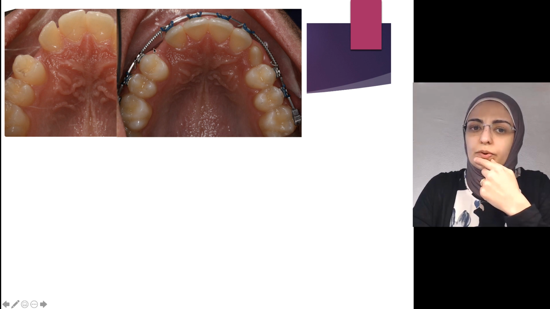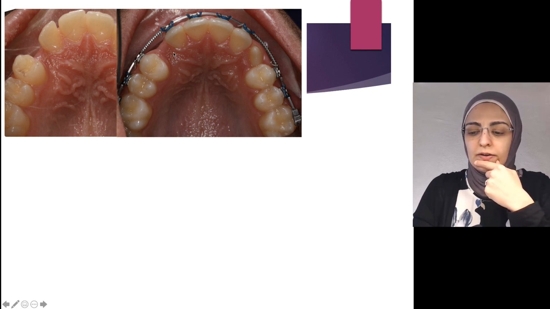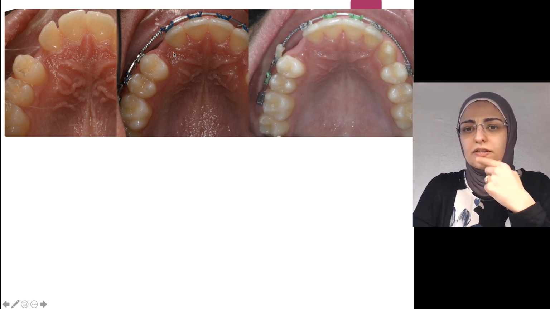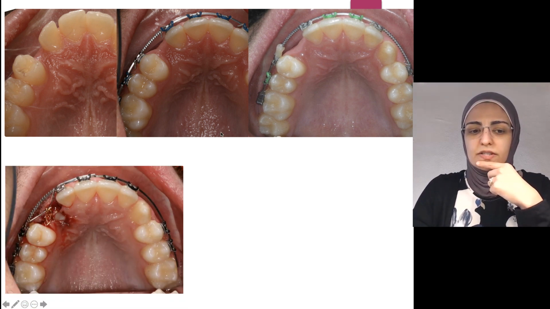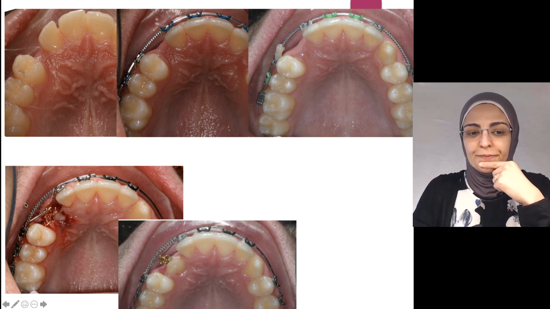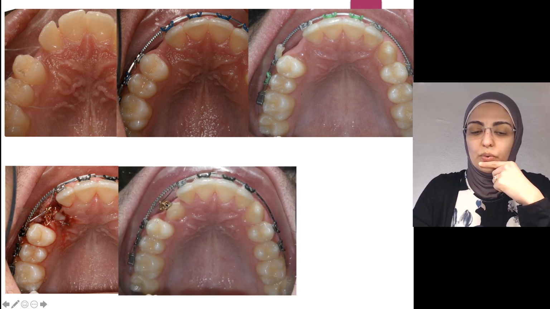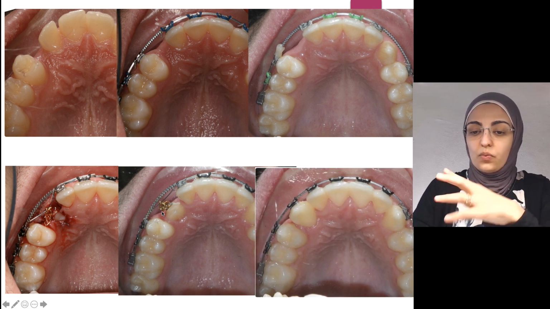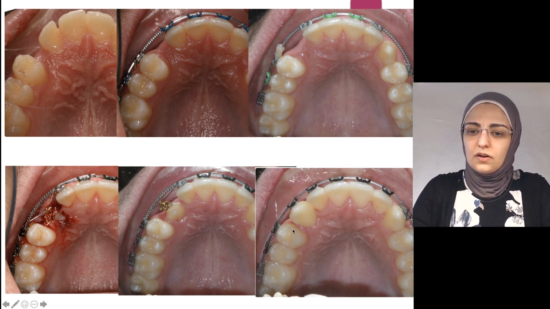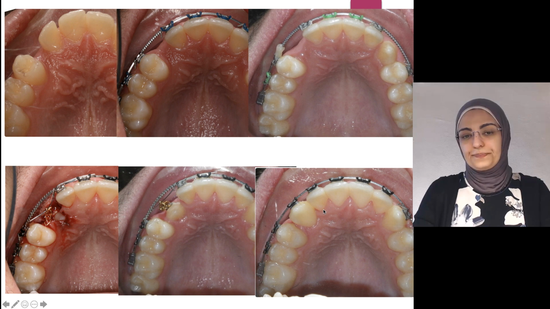So we use this open coil to make room for the canine. And then once there is enough room for the canine, we do the exposure, where we send them to the surgeon so that he can open up. They will put for us a gold chain so that we can start to move the tooth where it belongs. And little by little, the tooth will come into the arch where it belongs, and then it becomes well aligned with the rest of the teeth, and we close the space and we finish.